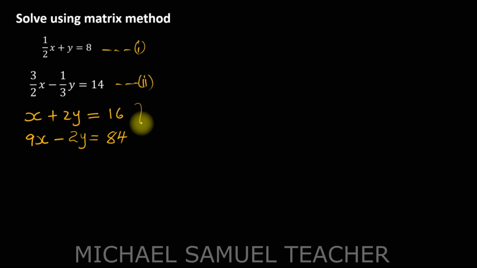So these two equations are now the simplified simultaneous equations. The next step is to rewrite the two simultaneous equations in matrix form.